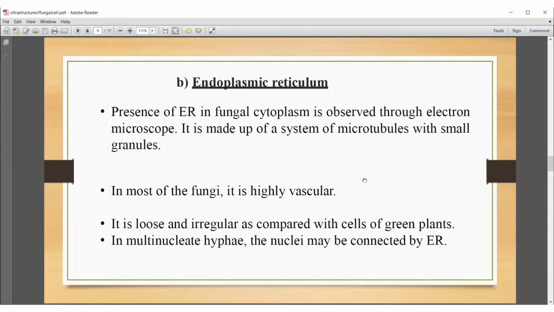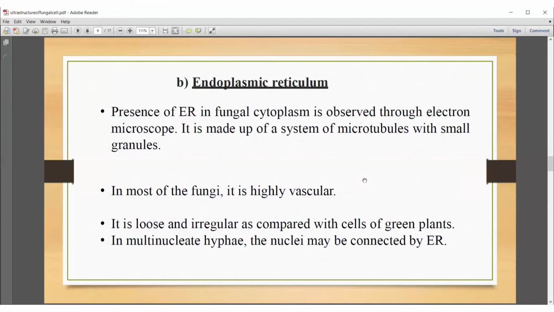Presence of endoplasmic reticulum in fungal cytoplasm is observed through electron microscope. If you want to see endoplasmic reticulum in any fungal cell, in any fungal section or fungal slide, you will be able to see it in an electron microscope. In a normal light microscope it is not possible. It is made up of systems of microtubules with a small number of granules.